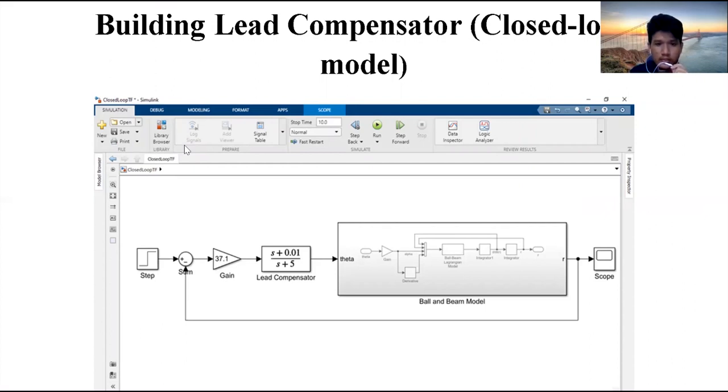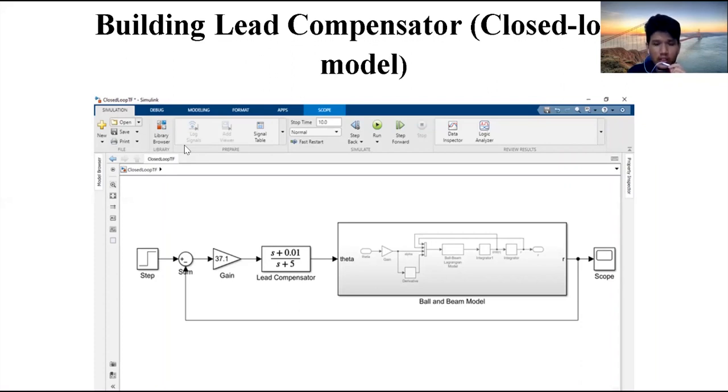Then place a Transfer Function block from the Continuous library and link it to the ball and beam block. The block is labeled lead compensator. In the transfer function, the numerator has been adjusted to 1 and 0.01, and the denominator to 1 and 5.